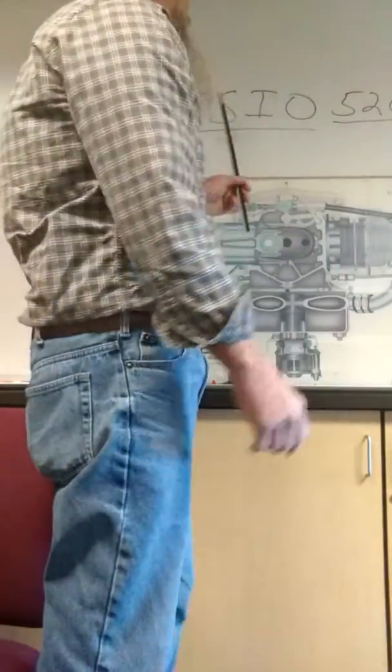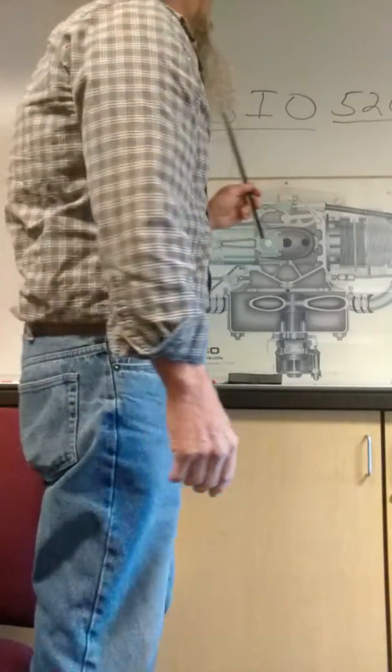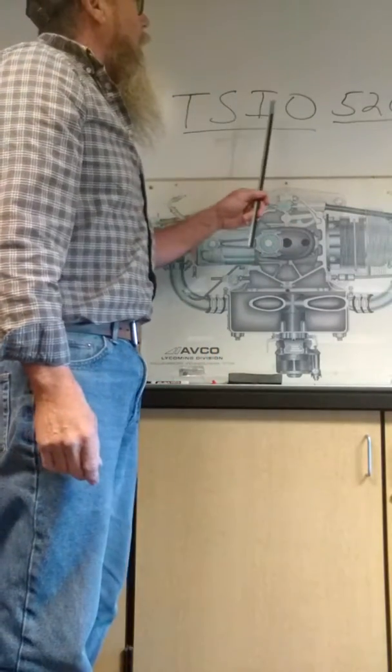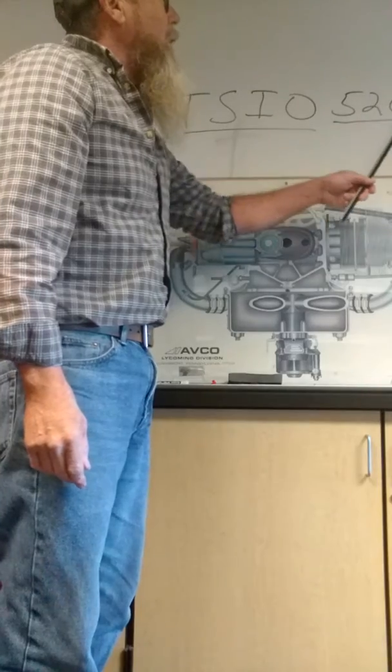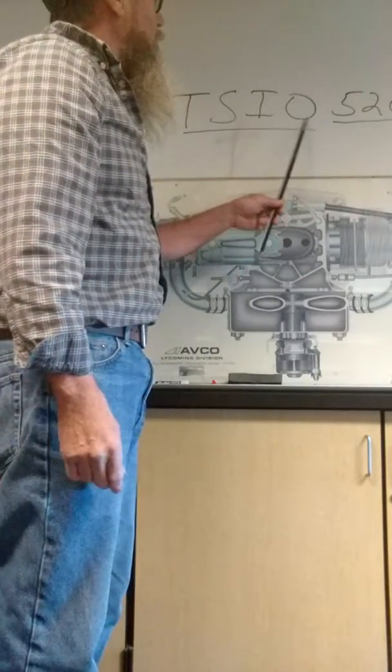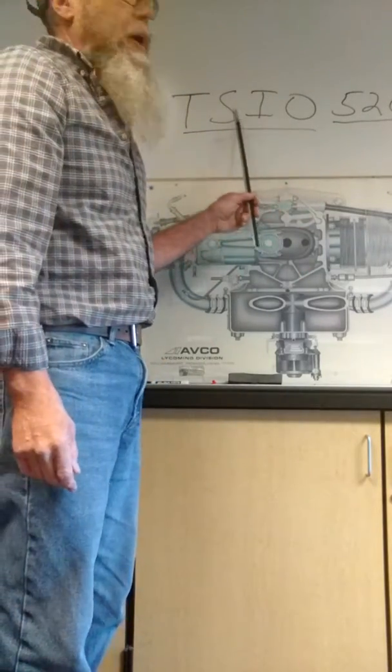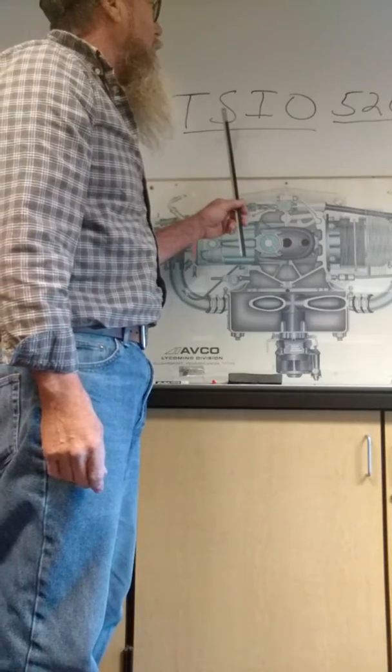But the thing we're after is the typical engine, like in our 402 out here, where it's a TSIO-520E. So these prefixes here, we're going to be committing to memory because they all have a definite meaning.